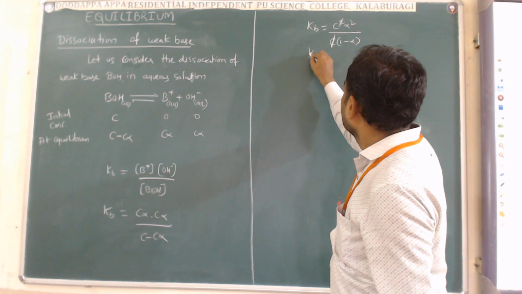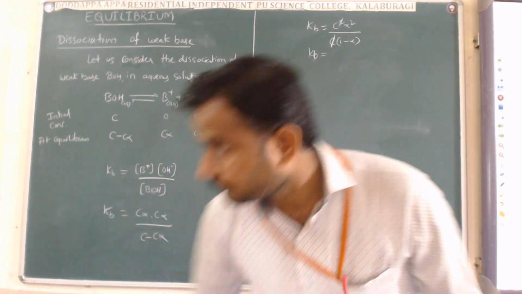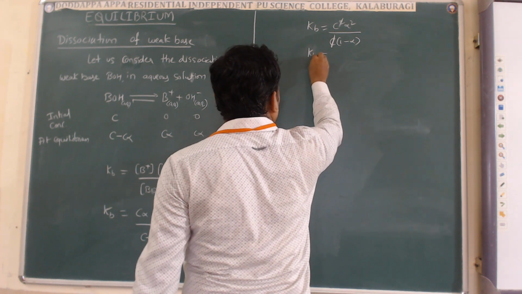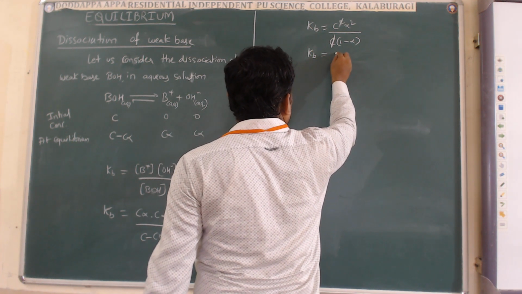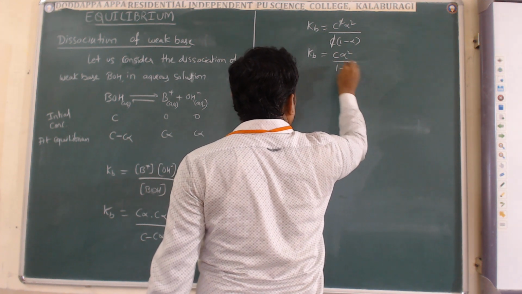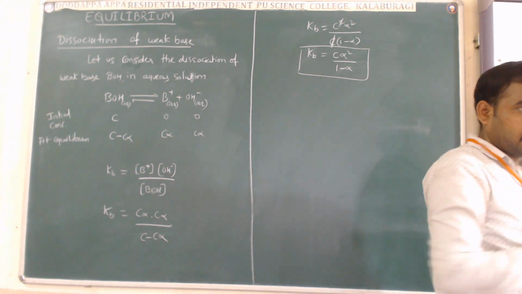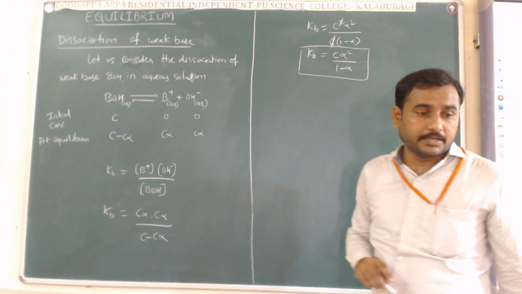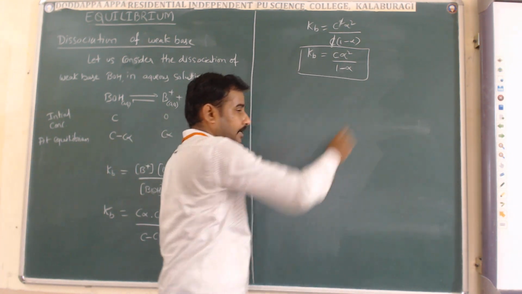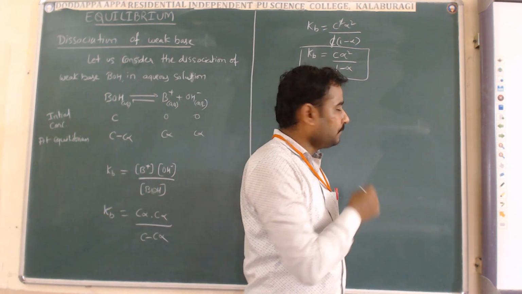Then Kb is equal to C alpha square divided by 1 minus alpha. This is the dissociation constant of a weak base, and this is the equation for Ostwald's law of electrolytes.